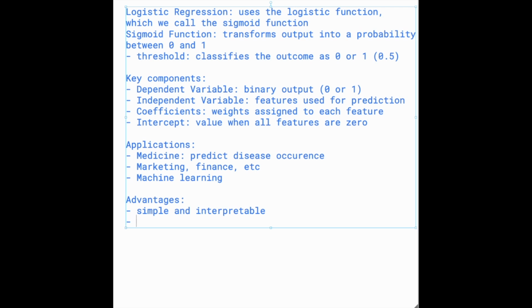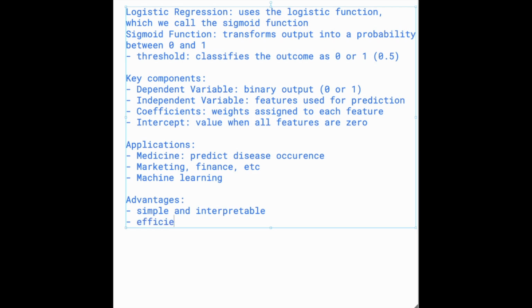It's also very efficient for training and prediction because there are only two types of outputs. This sounds very similar to a binary classification algorithm, and yes, we can use logistic regression a lot for binary classification.